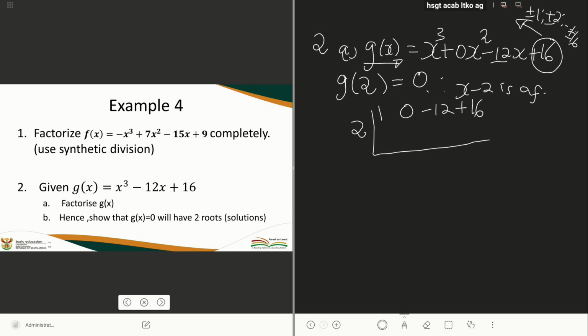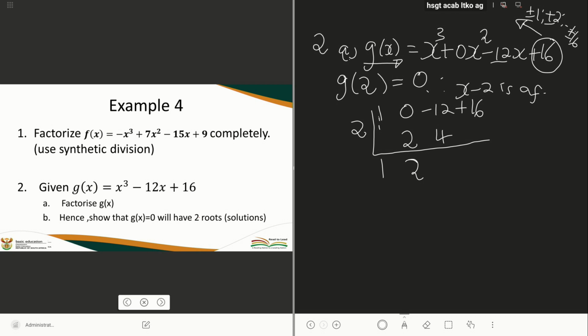What do we do next? You bring down the first value there. So the first value is positive 1. Then what do we do? 1 multiplied by 2, positive 2. 0 plus 2, positive 2. Right? 2 multiplied by 2 is positive 4.